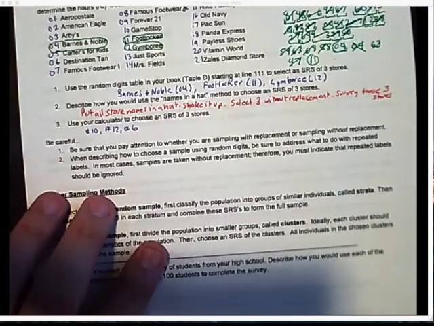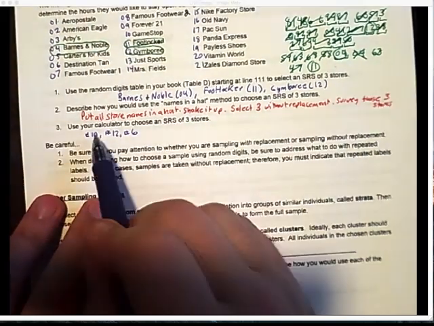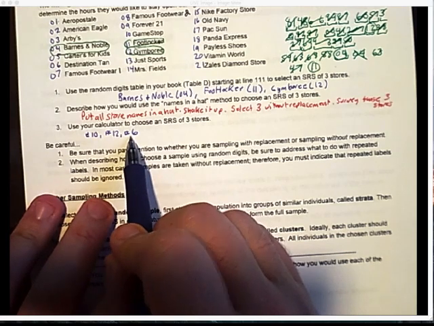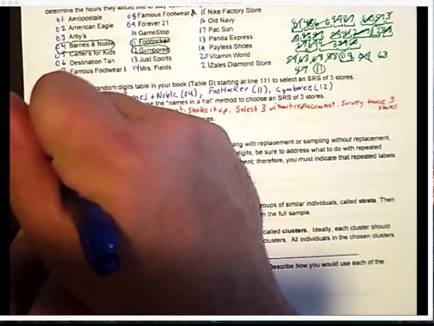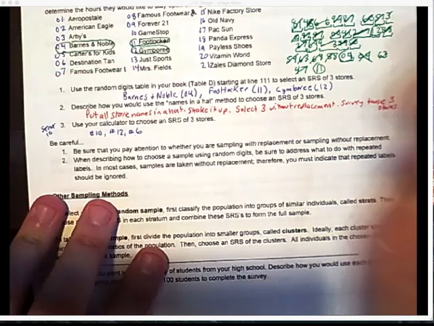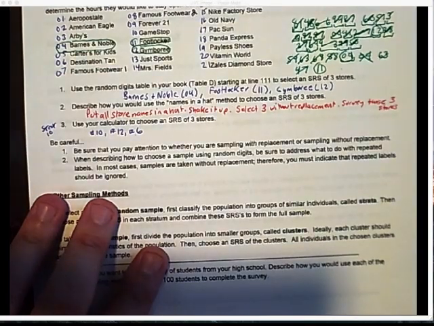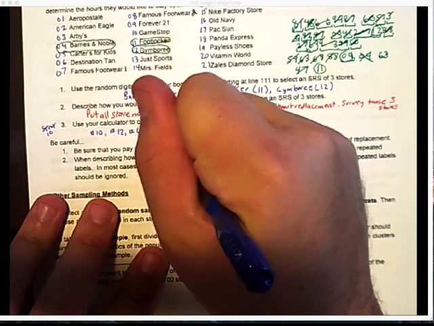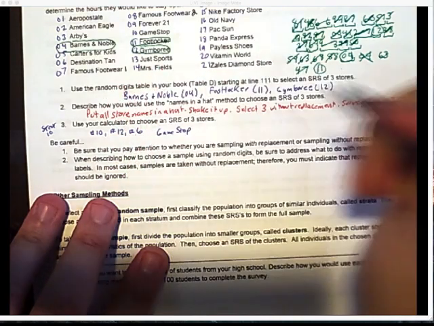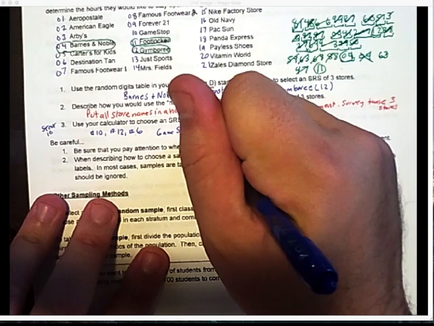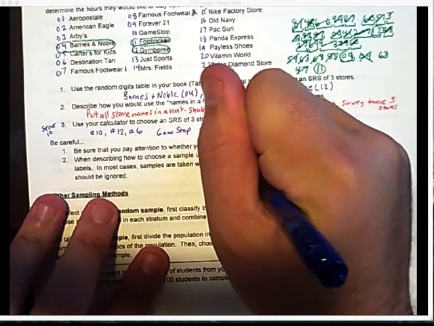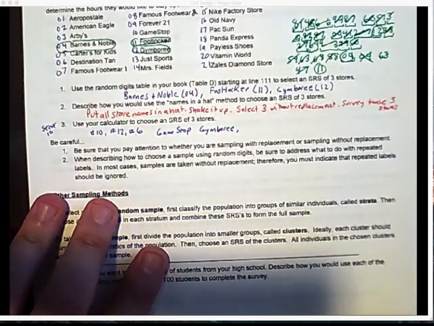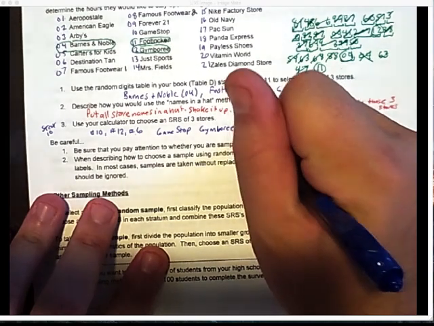You should get the same numbers as these if you seeded your calculator starting with the number 10. Okay, you had to do that first. All right, and those 3 stores correspond to GameStop. That's number 10. Number 12 is Gymboree. All right, and number 6 was Destination Tan.